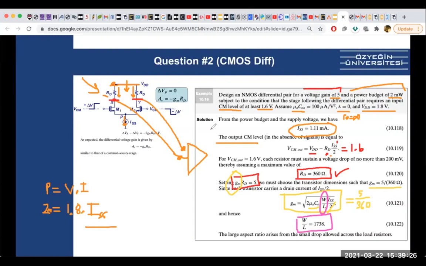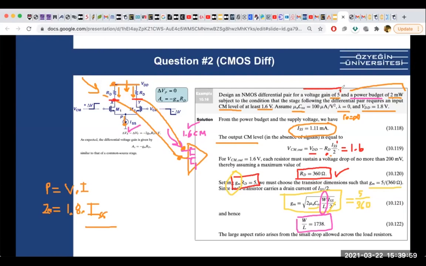We design a circuit, a differential pair, that runs other amplifiers with 1.6 volts common mode voltage. Okay, this is the common mode voltage because there are transistors here, right? So we need to bias them. So 1.6 volts satisfied. Power budget 2 milliwatts satisfied by finding ISS, maximum ISS.